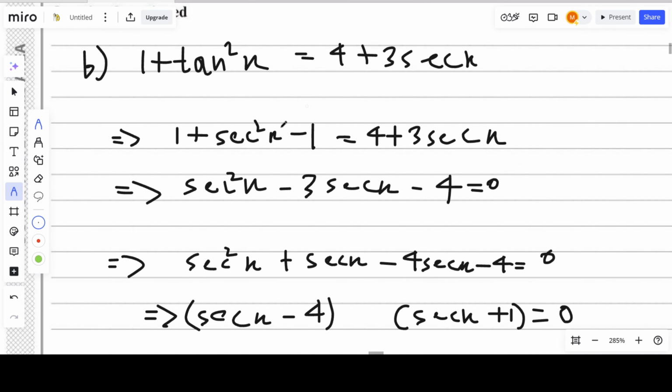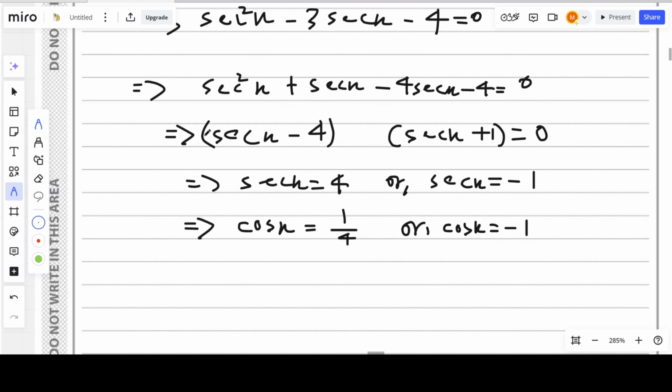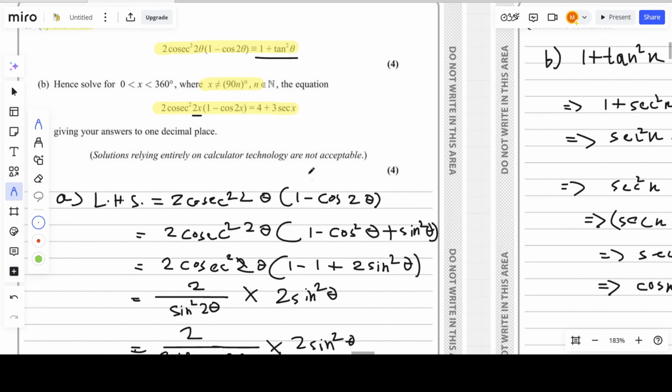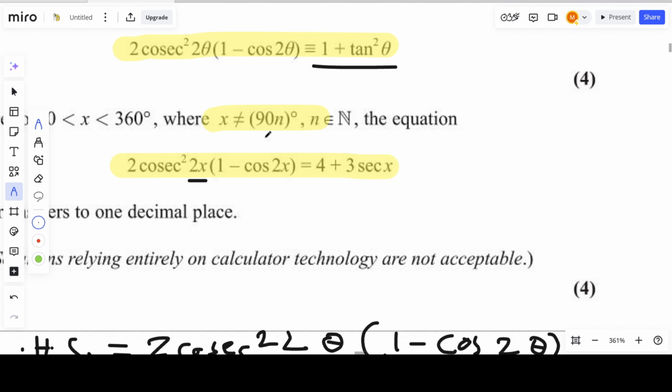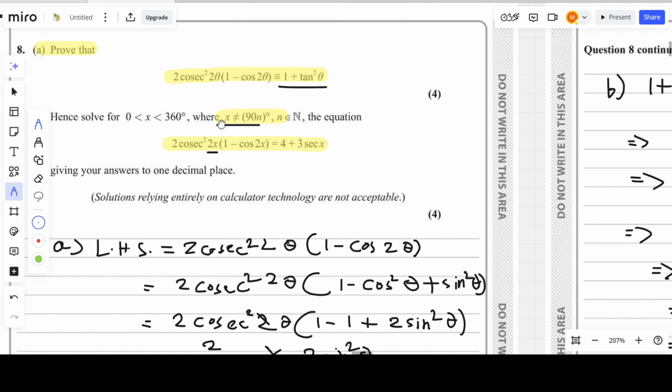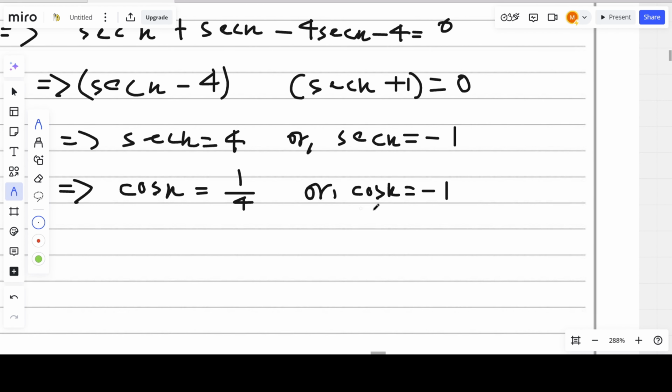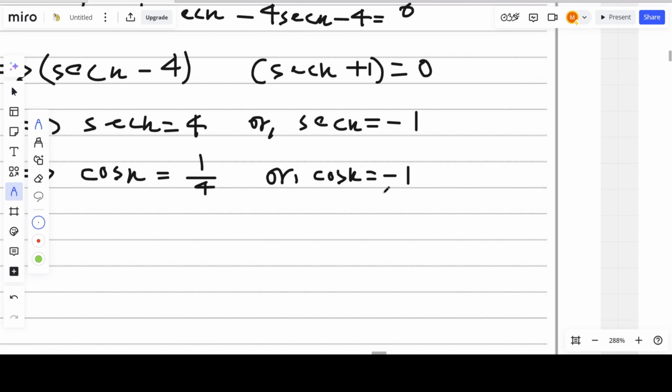So go back to the equation, if you see that they have given a condition that x is not equal to multiple of 90 degree. So that means for cos x equals to negative 1, we know that cos 0 degree is 1, 90 is 0, 180 is minus 1.